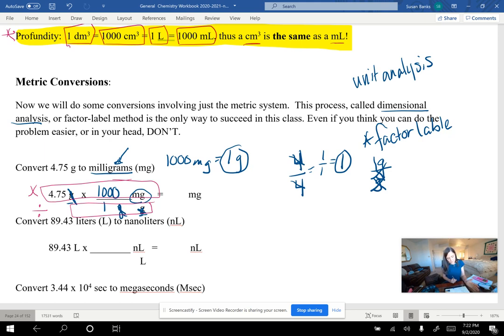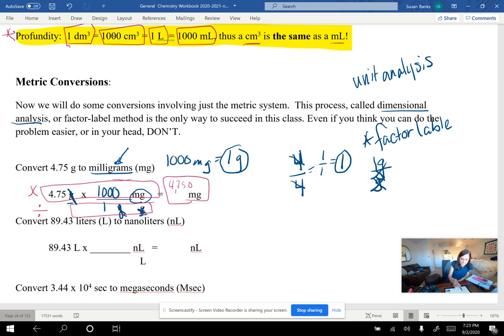Now, anybody that knows dividing by 1, that's the identity property of division, isn't it? So that just gives us the normal number. So really, we only have to focus on the 4.75 right here and the 1,000 right here to multiply them. So 4.75 multiplied by 1,000 will give me 4,750, and then my milligrams. You can put a comma there if you want, if not.